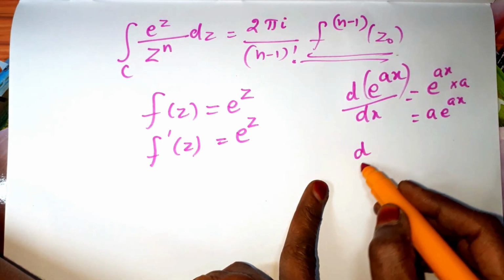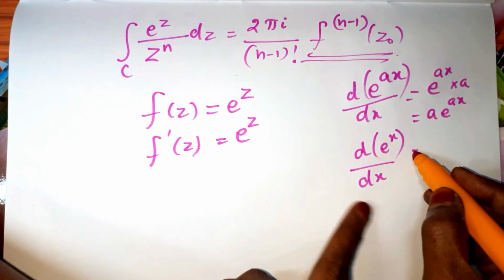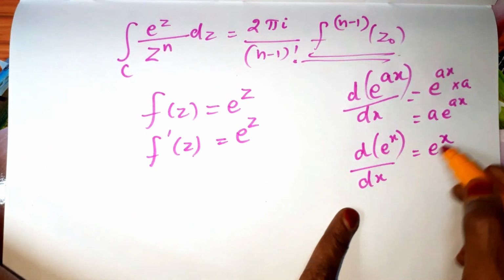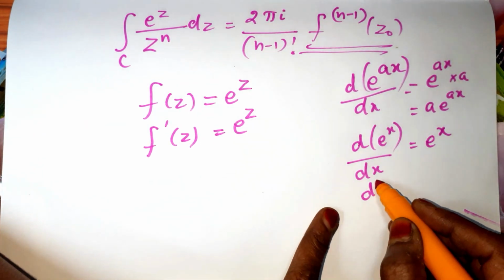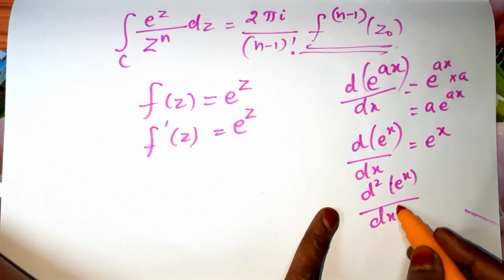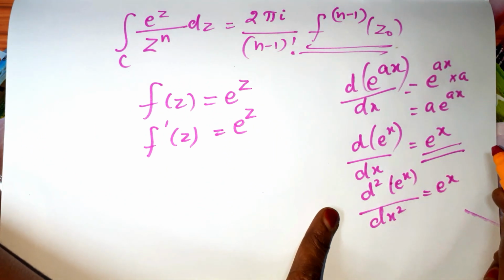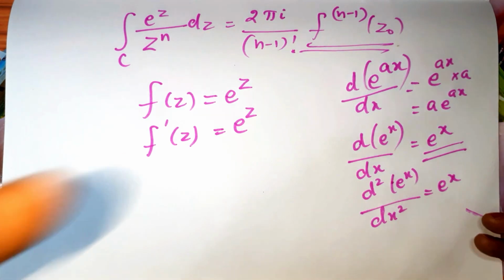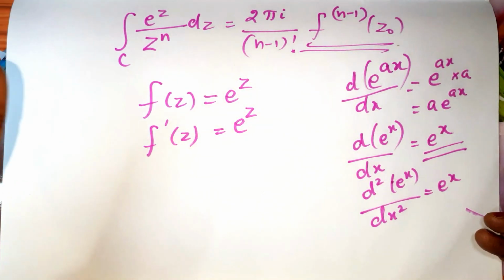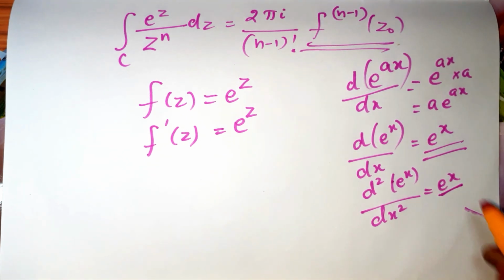Tell me the formula for differentiating e power x, which is equal to e power x. What is the second derivative? d squared e power x by dx squared is also e power x. E power x, when we differentiate, we will get only e power x. However many times we differentiate, only e power x will come.